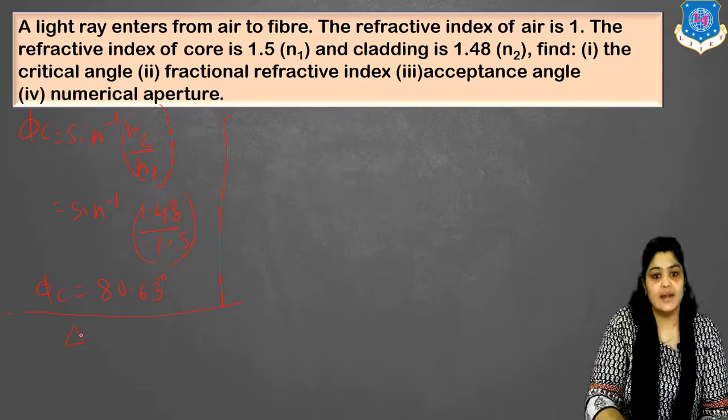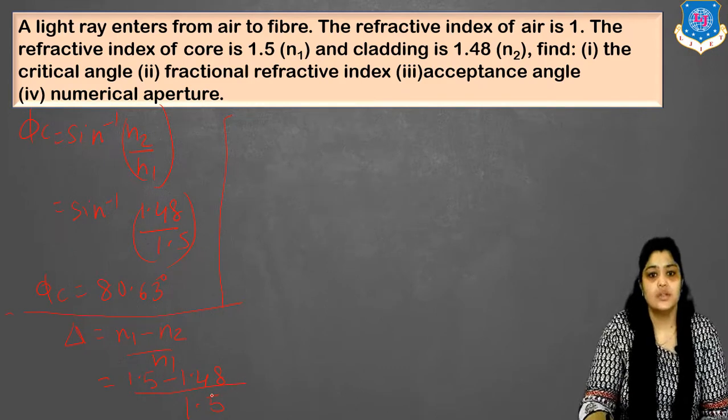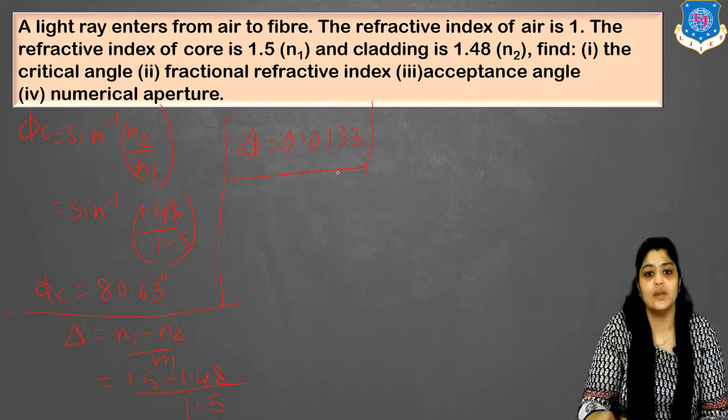Next we have delta, that is equal to n1 minus n2 by n1. So this is 1.5 minus 1.48 divided by 1.5. So this gives me the value of delta as 0.0133. Again, it's a unitless quantity.